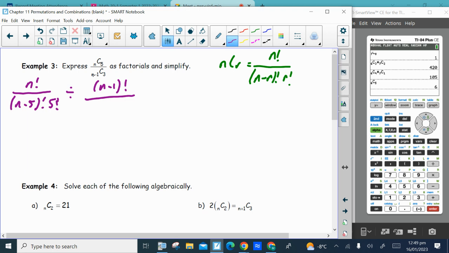The first one is the difference between n and r. It's n minus r factorial. In this case, the expression that's in the n position is n minus 1, but then you have to subtract r as well. And then you have that extra factor on the bottom of r factorial.